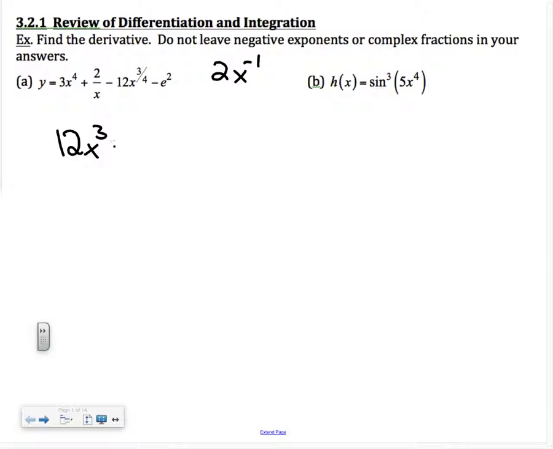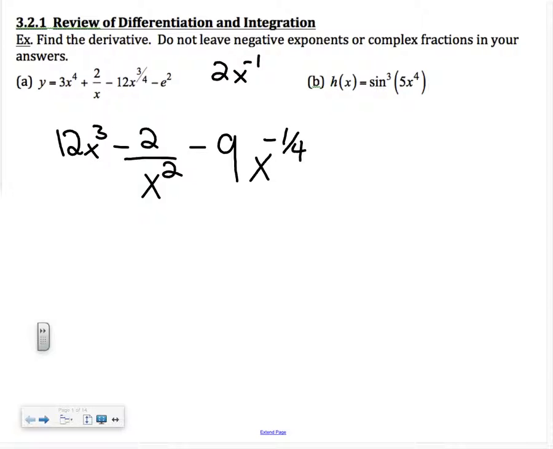So I'm going to write that as negative 2 over x squared. The derivative of negative 12x to the 3/4 would be negative, let's see, that's going to be 36 over 4. So that's going to be negative 9 x to the 3/4 minus 1, which is 4/4, would be negative 1/4.